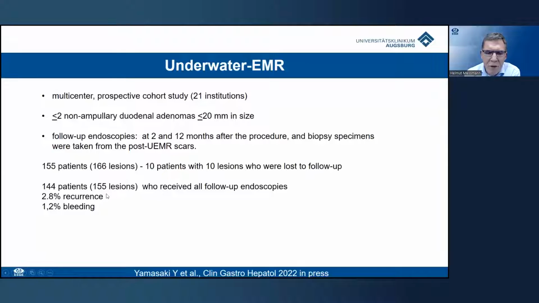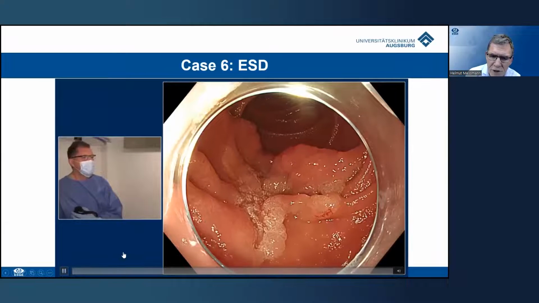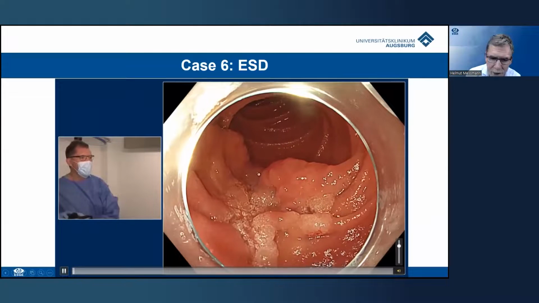The main take-home message is the low recurrence rate in these lesions, which were almost 2 centimeters, and safe. Compared to cold snare, we have a much lower recurrence rate. Maybe it's not comparable, but the technique shows similar results to the colon: the recurrence rate goes down if you use underwater.